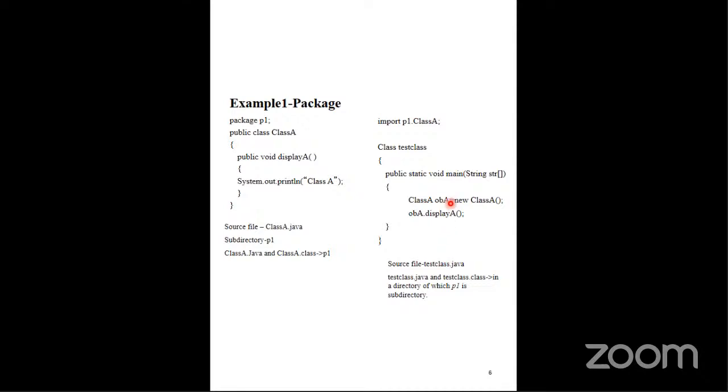So this .java file is in my directory, and there is a subdirectory in my directory called P1, and in that subdirectory P1 you have this Java file and its .class file. This structure is slightly a kind of hurdle, but once the structure is ready, then you can always access all the classes from that particular package.